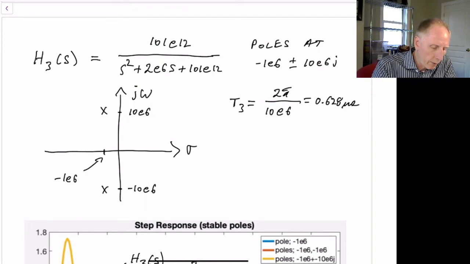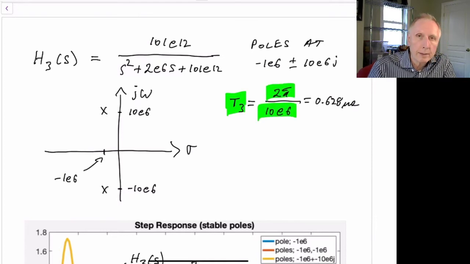And just another value to note here is T3. We'll look at this value here. And that will be equal to 2 pi divided by 10e to the 6th. And where's this coming from? Because of this value here, omega is equal to 10e to the 6th. Remember that omega equals 2 pi times f. So f is equal to omega over 2 pi.